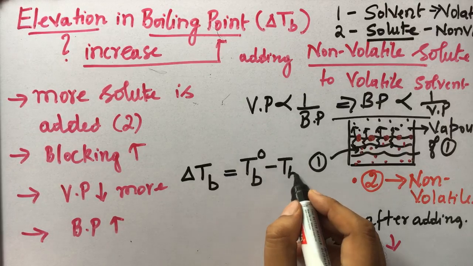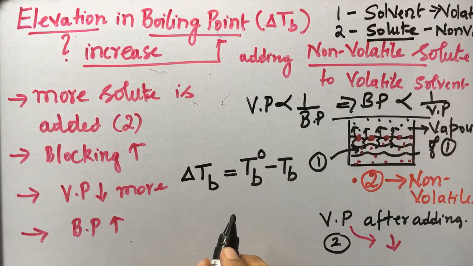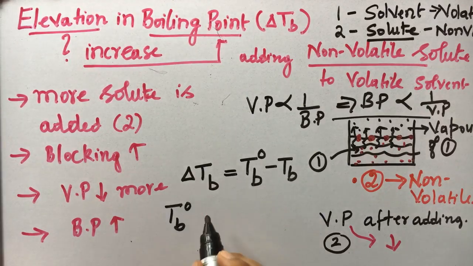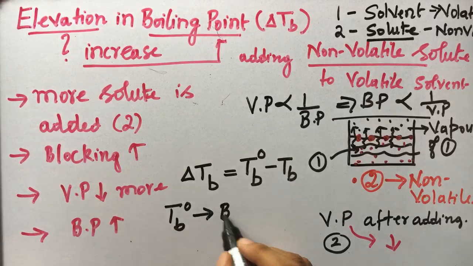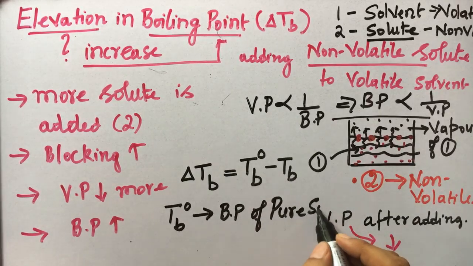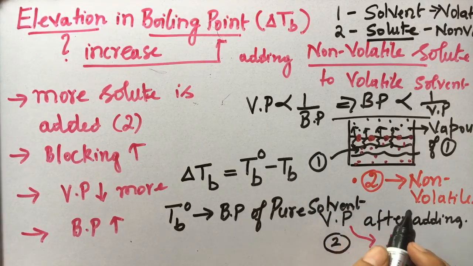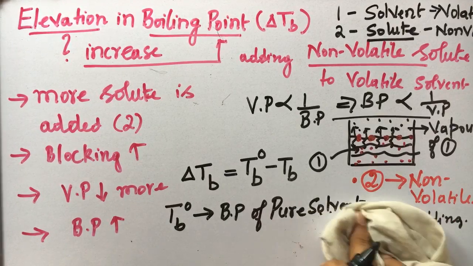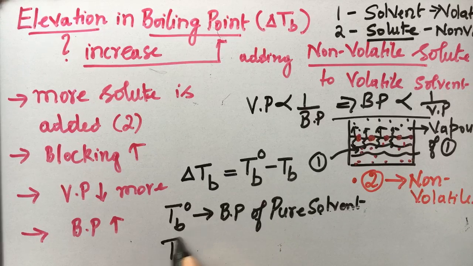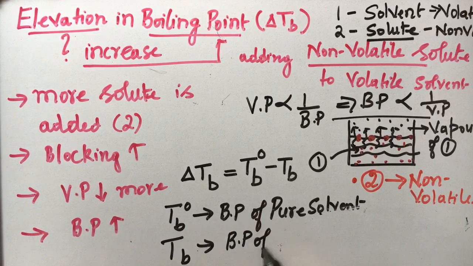Delta TB is the difference between the boiling point of the solution and the boiling point of the pure solvent. And what is TB standing for? Boiling point of the solution.